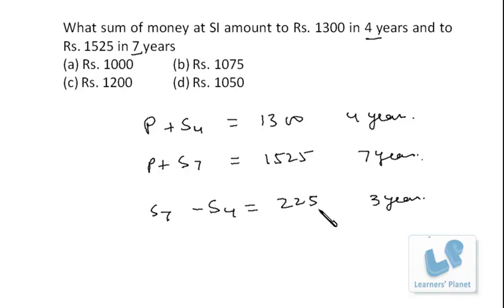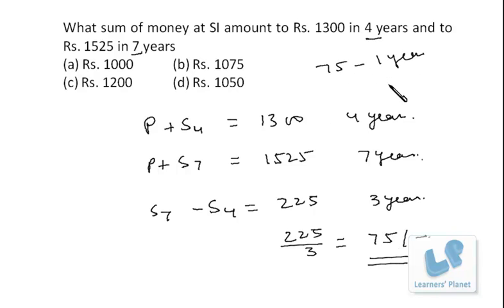So if 225 is the simple interest for 3 years, further I would repeat that simple interest is the same for every year. That means each year the simple interest was 75 rupees. Okay. Now 75 rupees is the interest per annum. That means in 4 years the total interest will be 300, isn't it?